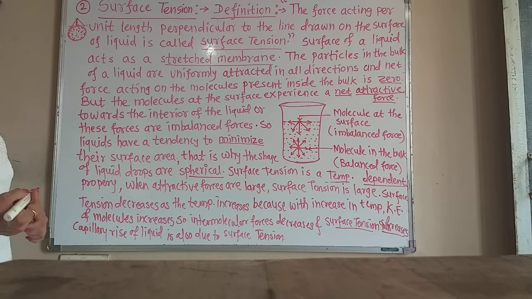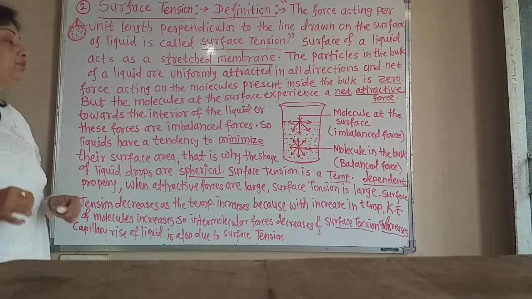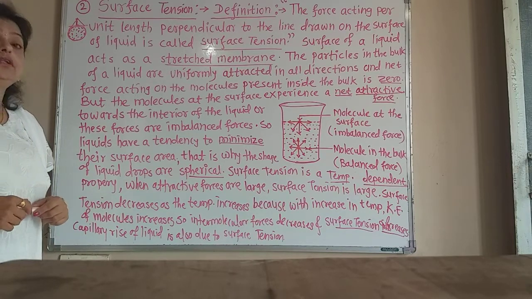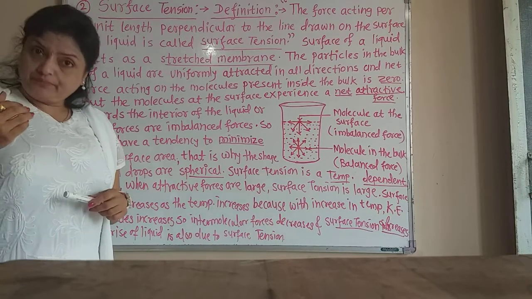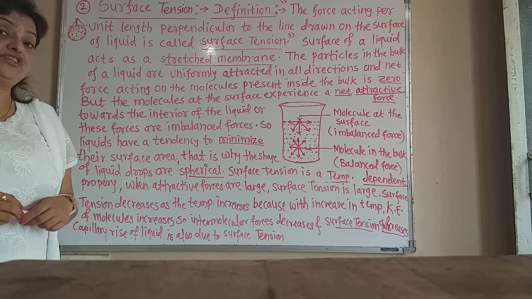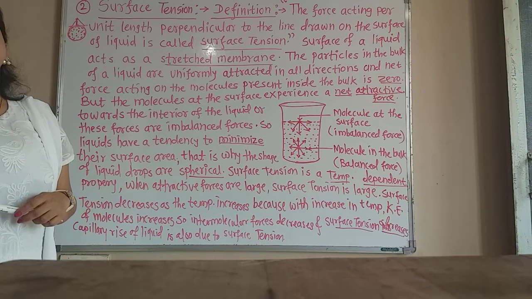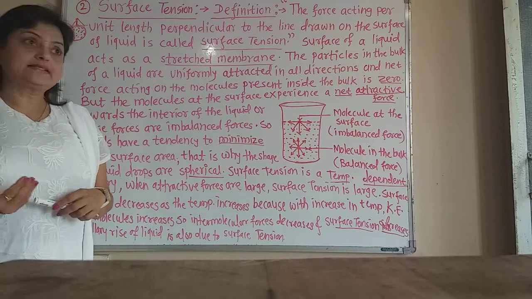And capillary rise of the liquid is also a phenomenon which is due to the surface tension. Now let us learn the unit of measurement of surface tension and which factors affect the surface tension.